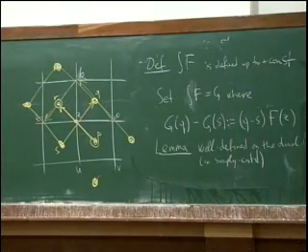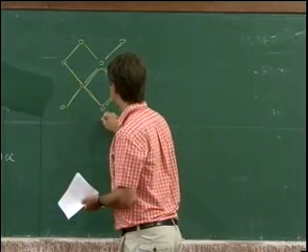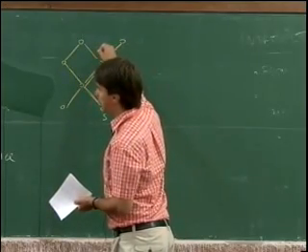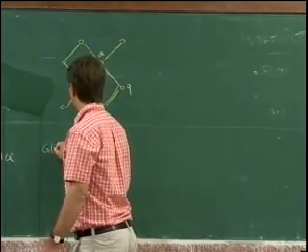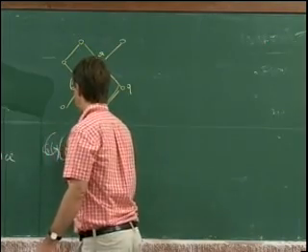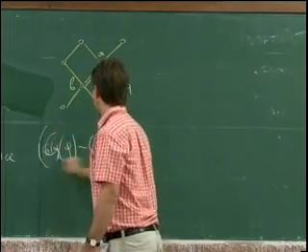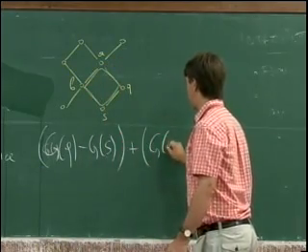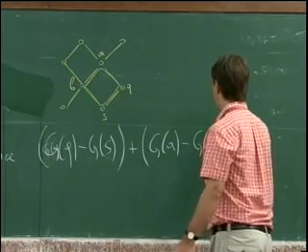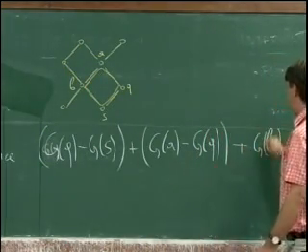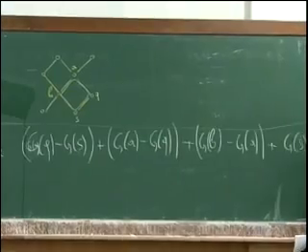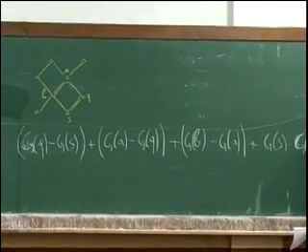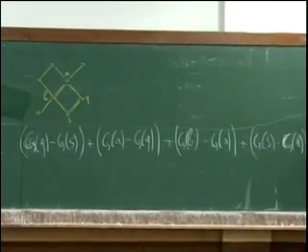Let me again write what is here, let's say S and Q and A and B. We have to write that G of Q minus G of S, plus G of A minus G of Q, plus G of B minus G of A, plus G of S minus G of B. We have to check that this sums up to 0.